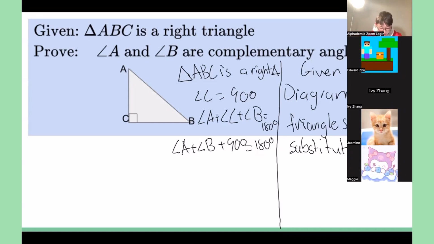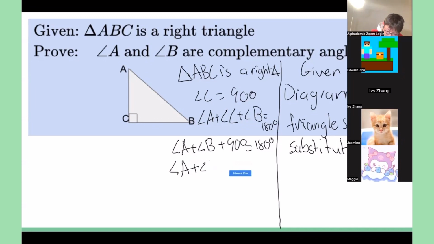So now that we are at this step, we can further simplify this equation. You can do this step, angle A plus angle B plus, sorry. Oh, why is this not erasing?